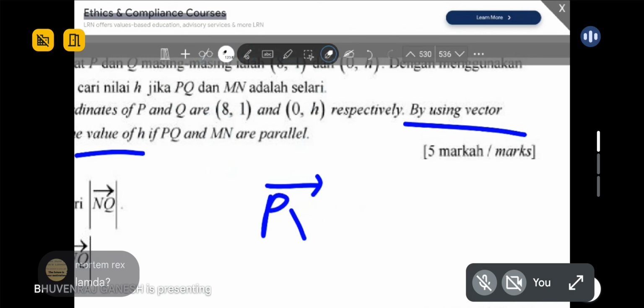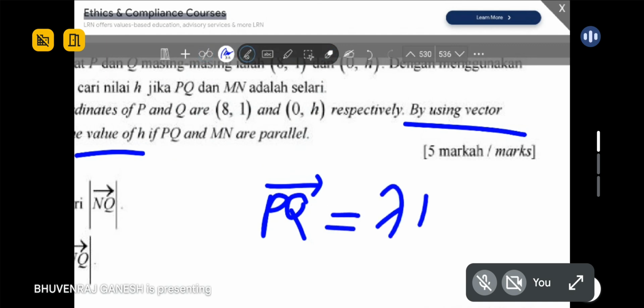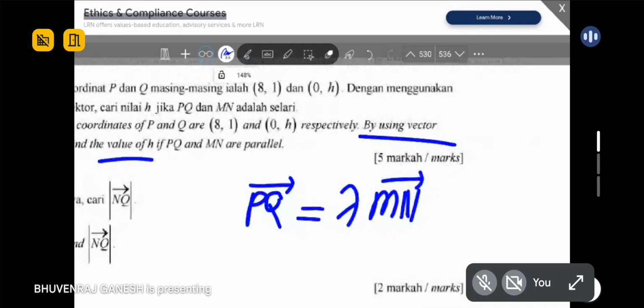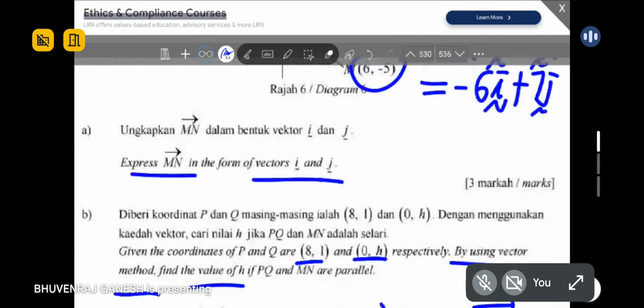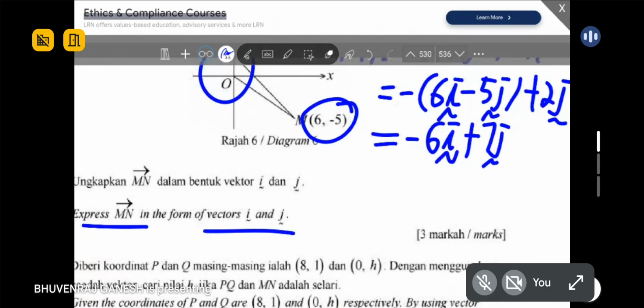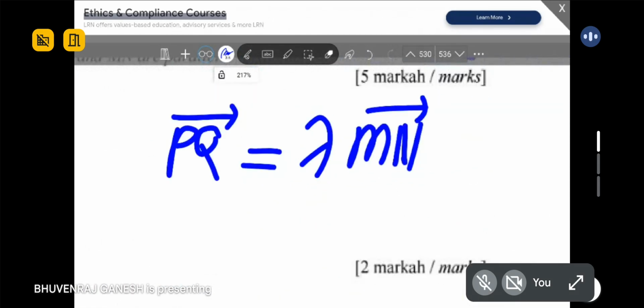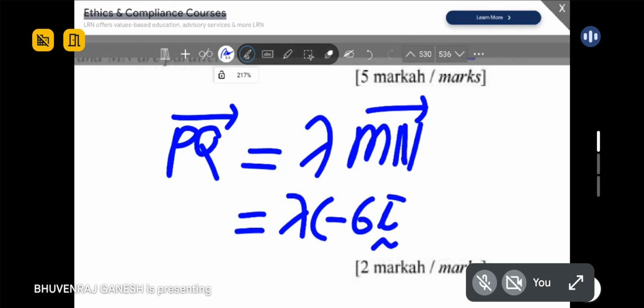Yes, the one with the lambda. Correct. PQ is equal to lambda Mn. This is how you prove whether they are parallel or not. You have to find PQ using your coordinates and you have to find Mn. Mn, you already have the answer: negative 6i plus 7j.